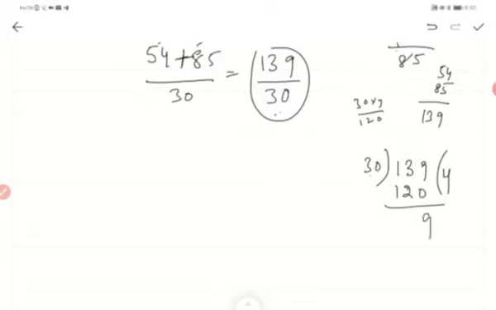Okay, so you'll get 9, and here it is 19. So this is 19, it will not go into 30. So my mixed fraction will be how much? 4 19 by 30.